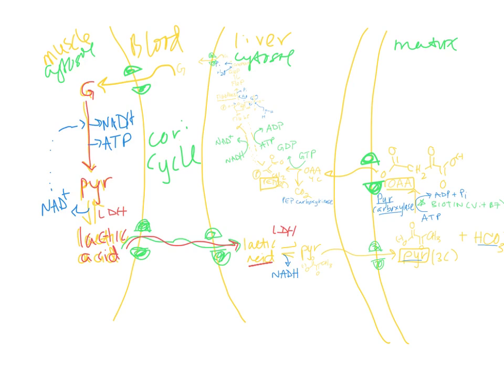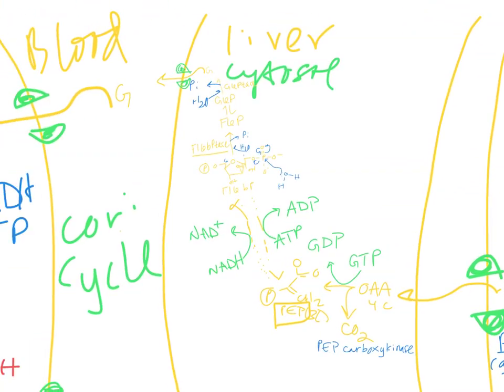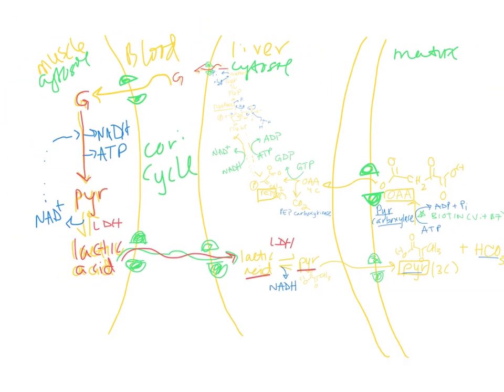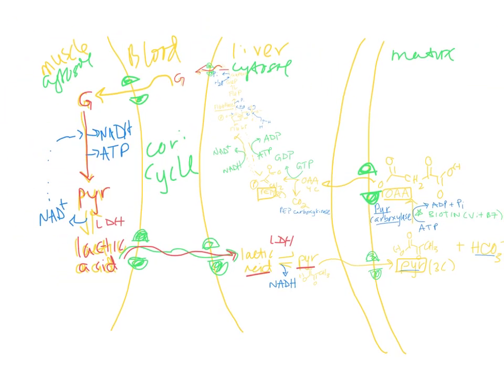And we go from lactic acid to pyruvate. And then pyruvate all the way back to glucose. And that glucose leaves. So it's the same starting and ending pieces, they just go in opposite directions. So in the muscle cell, we have glycolysis going on, and in the liver cell, we have gluconeogenesis. Okay.